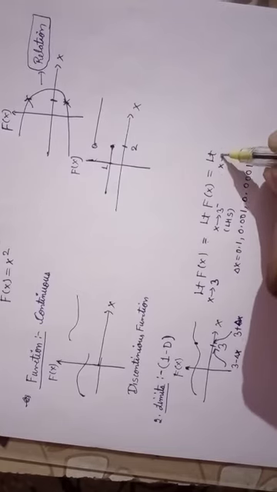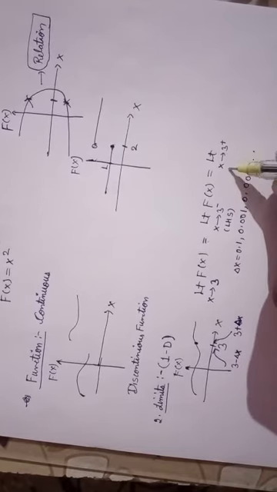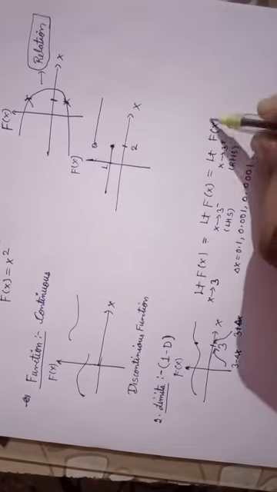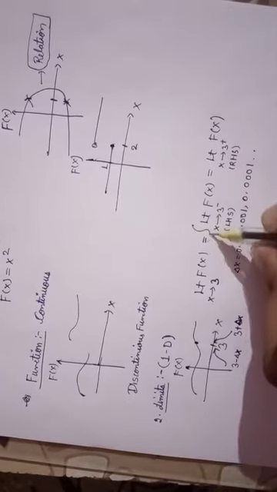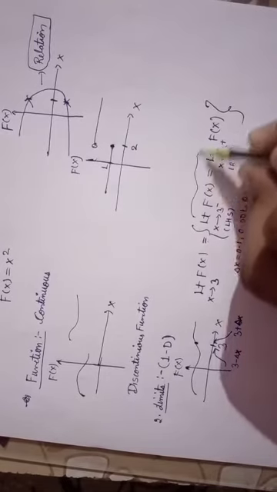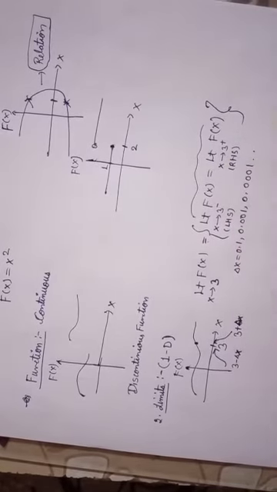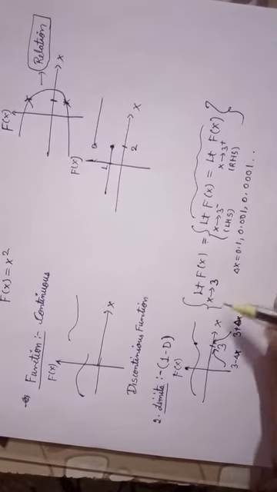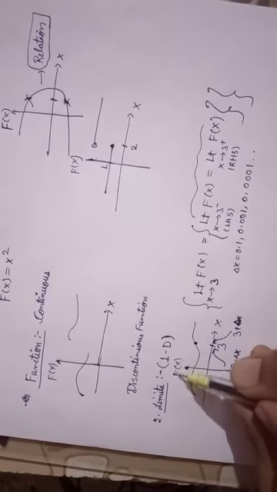Also it can have x to 3 plus, just coming from the right hand side. If these two are satisfied, we say that the limit of the function exists, and when these three are satisfied, we say this is a continuous function f of x.